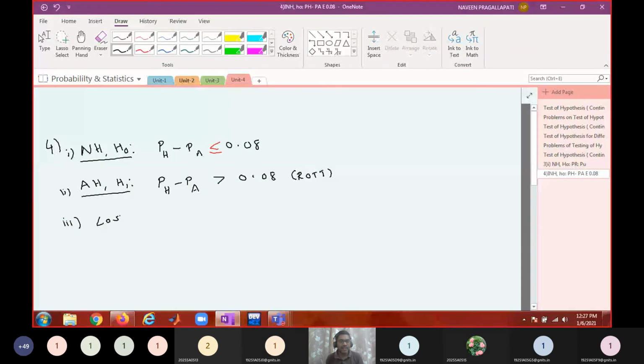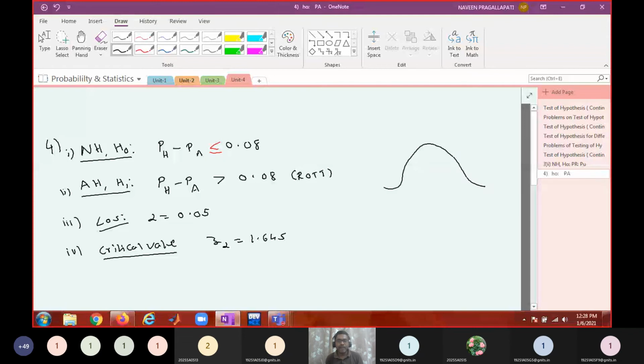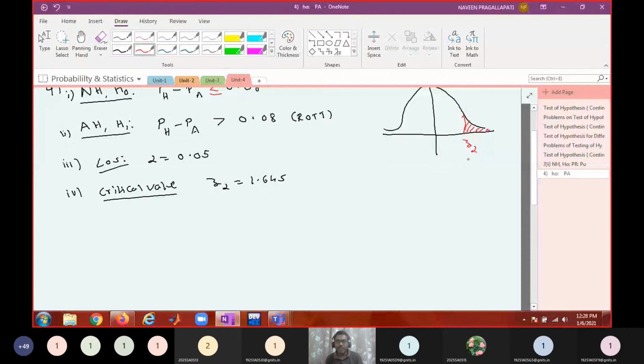The level of significance is alpha equal to 0.05. The critical value is Z alpha equal to 1.645. Again, it is a 5% level of significance. Z alpha equal to 1.645.